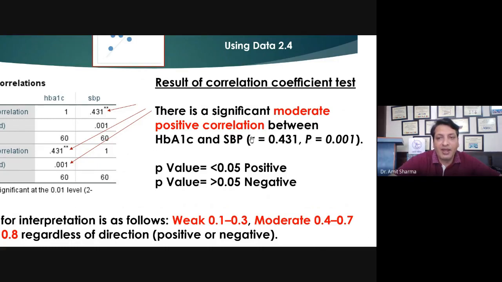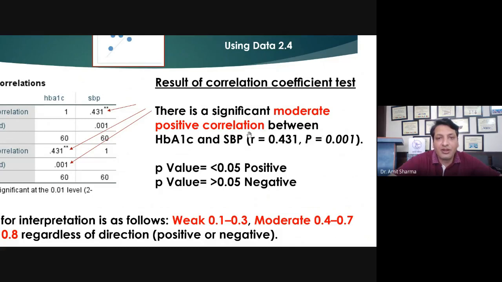We have to write the value of R, and this is the writing style for correlation results. R is equal to 0.431. This value I am going to take, and the p-value we have to write: p-value is equal to 0.001. So this value 0.001 I am going to write here.